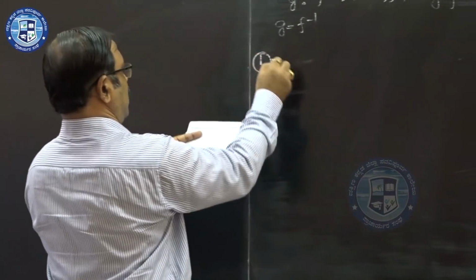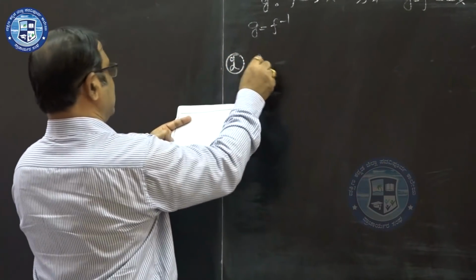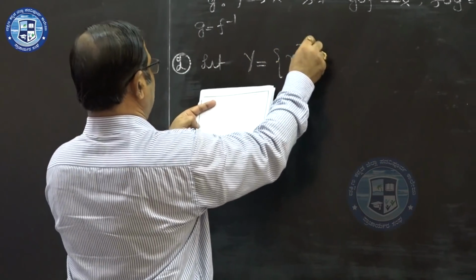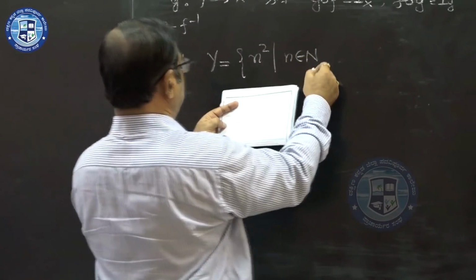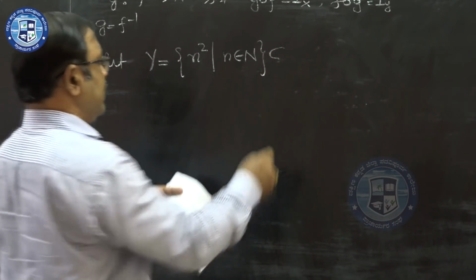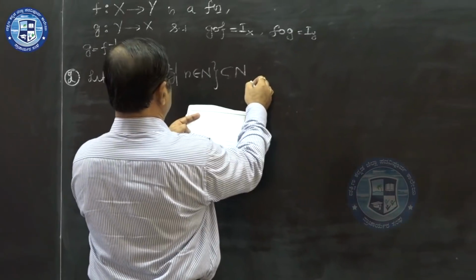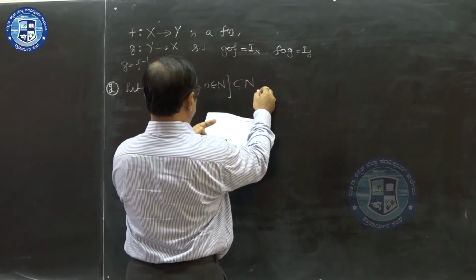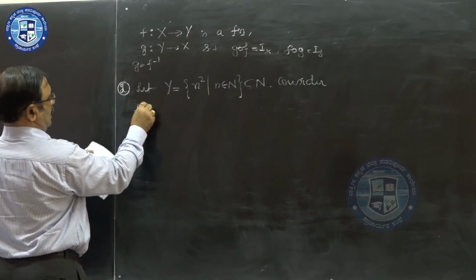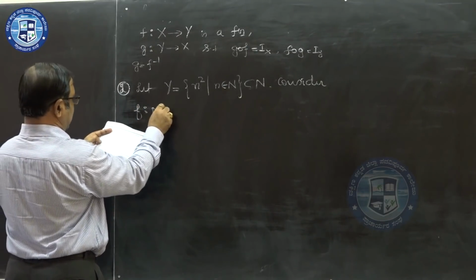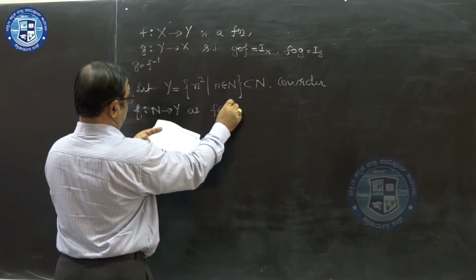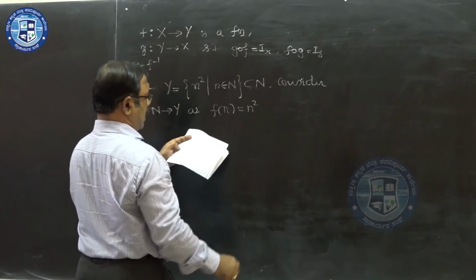Let Y be the set of all n squared such that n belongs to N, which is a subset of N. Consider f from N to Y as f of n equals n squared.